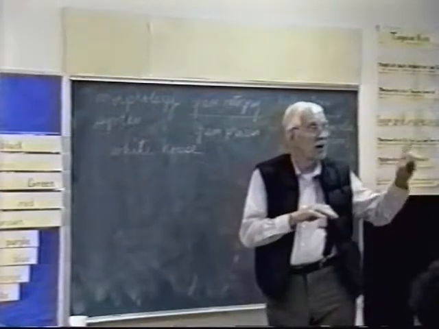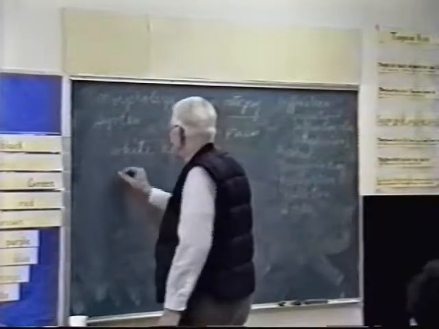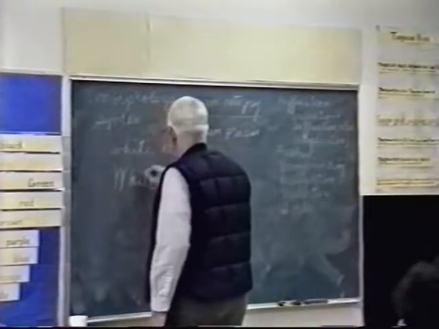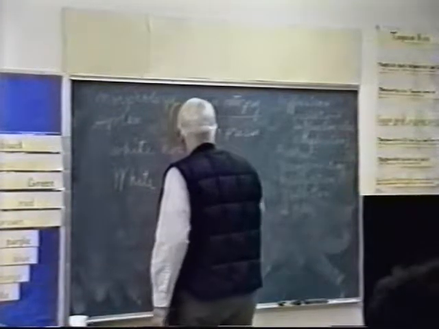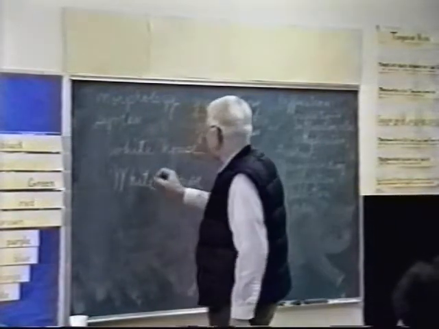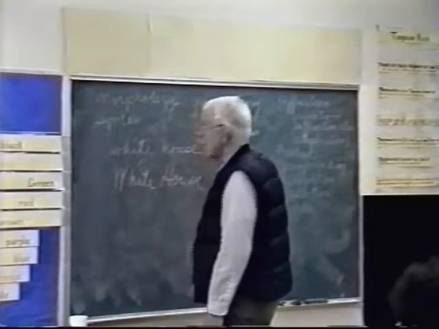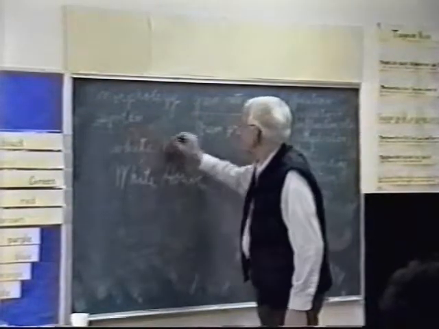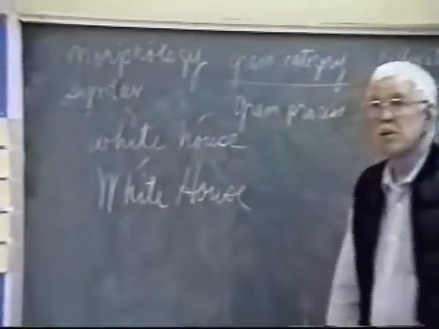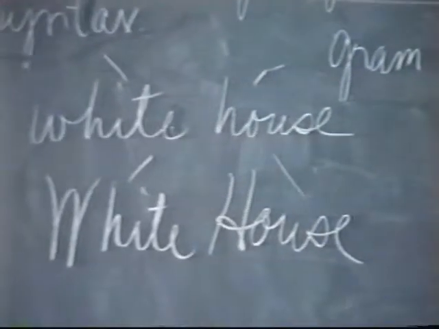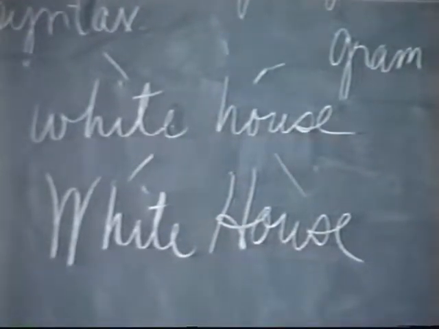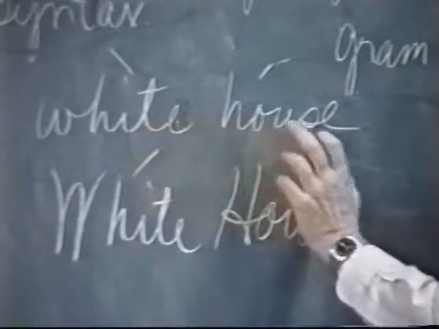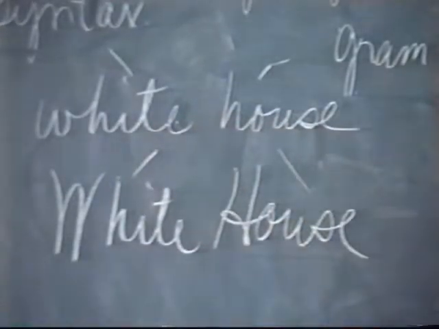He lives in the compound, which is, I'll capitalize it here, and write it as two words, but it's actually pronounced as a single word. Bush lives in the White House. See, White House, he lives in a White House, which is adjective plus a noun.